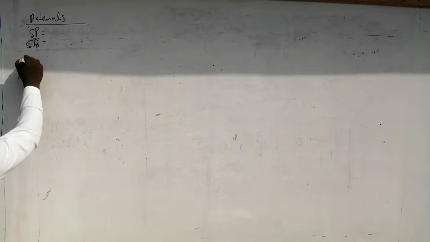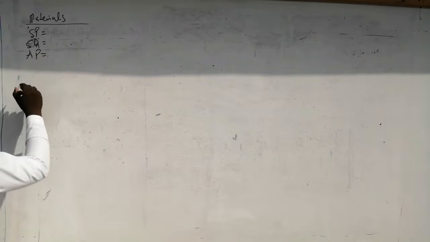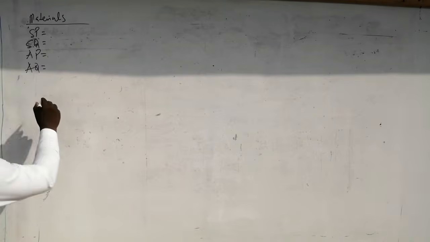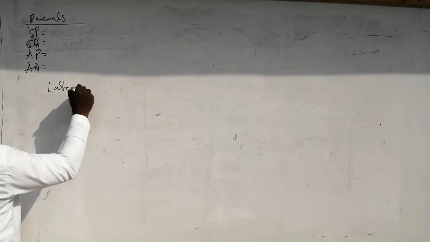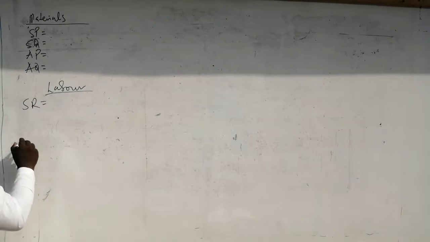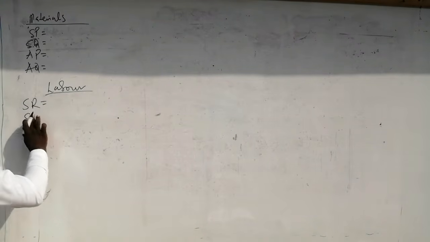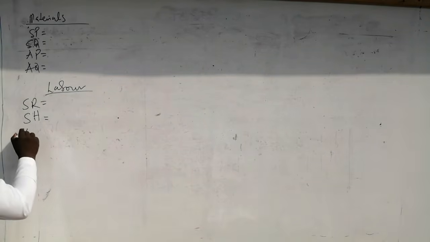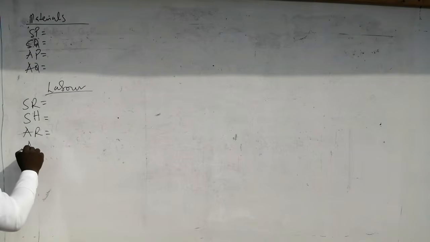I'll also need the actual price for the material and the actual quantity. When I come to labor, I'll need my standard rate and my standard hours, and then I'll also need my actual rate and the actual hours.